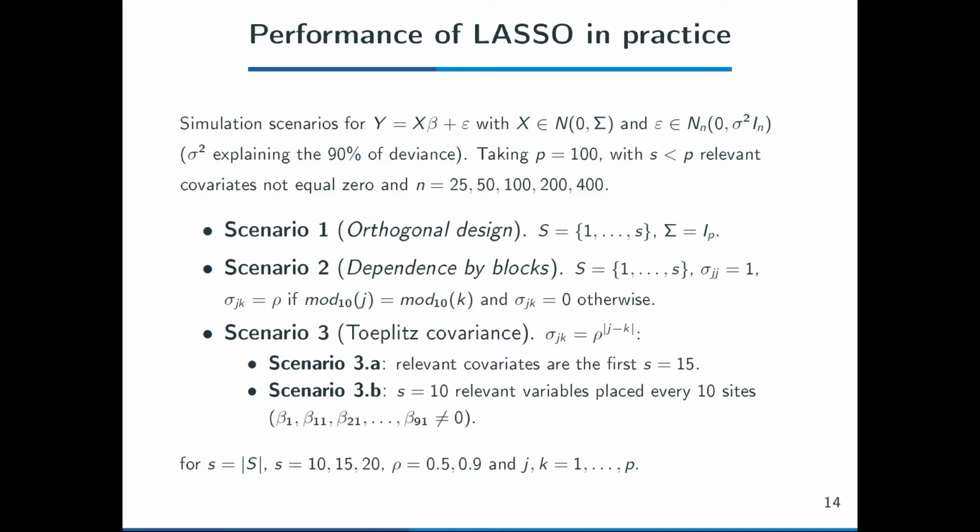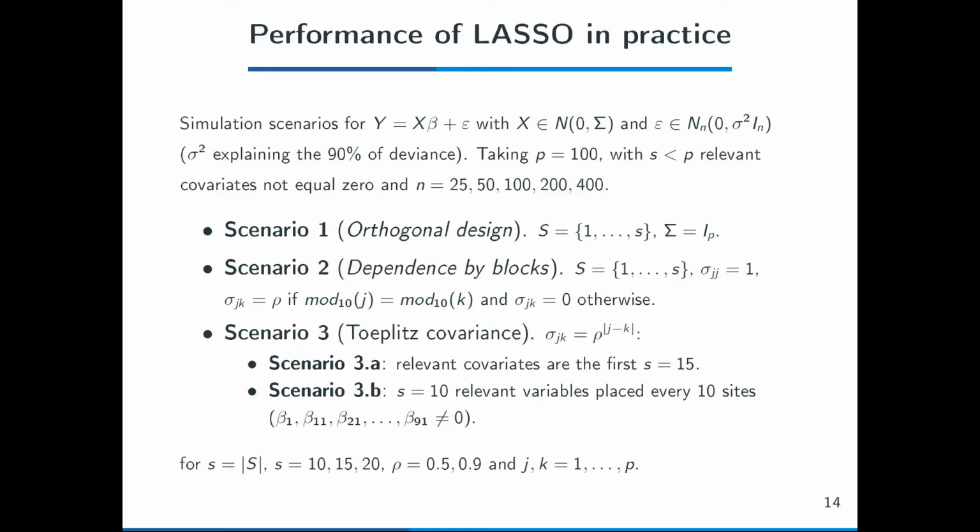For this purpose, we are going to consider the independence case and then two dependence scenarios, quite tricky. And we are going to analyze the results of the lasso and of other techniques. Then we simulate under the multiple linear regression model.